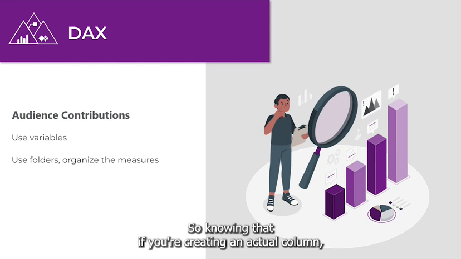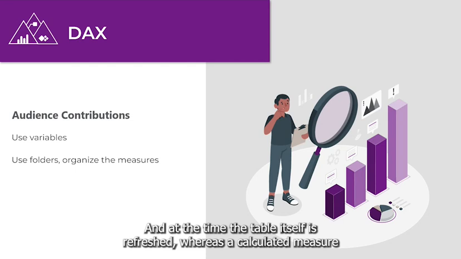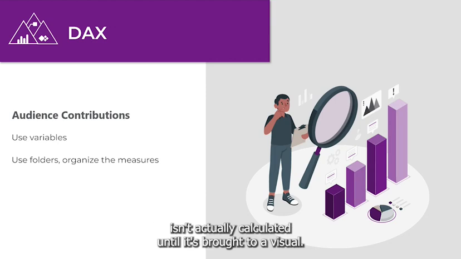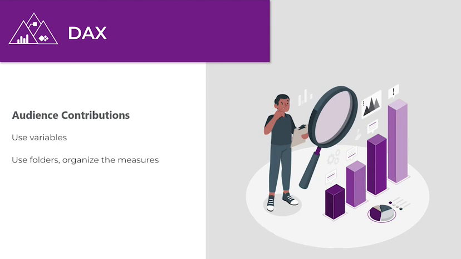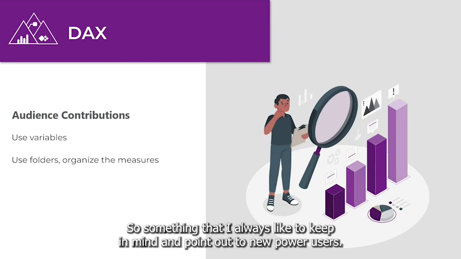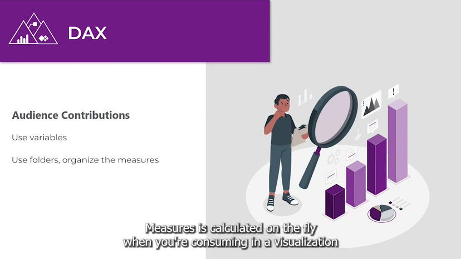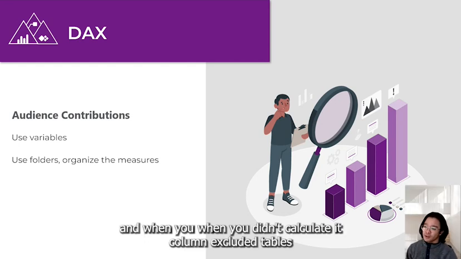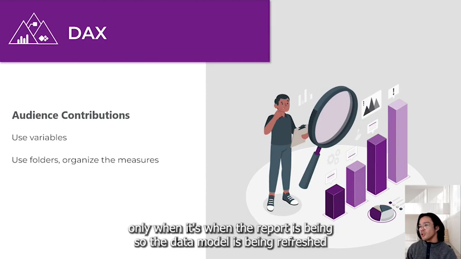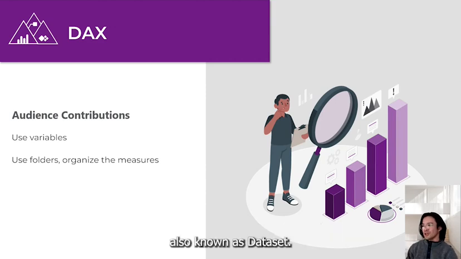If you're creating an actual column, it's only calculated at the time it's created and when the table itself is refreshed, whereas a calculated measure isn't actually calculated until it's brought into a visual. That's something I always like to keep in mind and point out to new Power BI users. Measures are calculated on the fly when you're consuming them in a visualization, and calculated columns and calculated tables are calculated only when the data model is being refreshed, also known as the dataset.